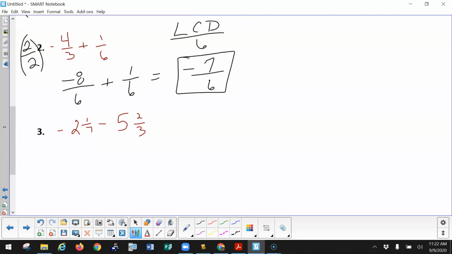Then our last example, I have two mixed numbers. I need to change both of these to improper fractions. So 2 times 7 is 14, plus 1 is 15. So this is -15 over 7 minus 5 times 3, which is 15, plus 2 is 17. So 17 over 3.